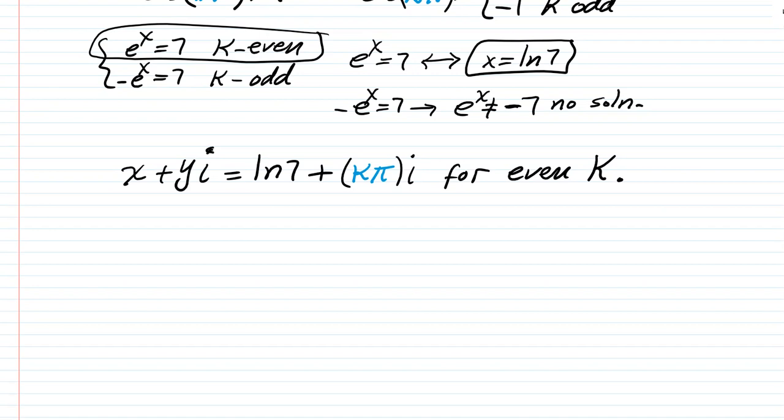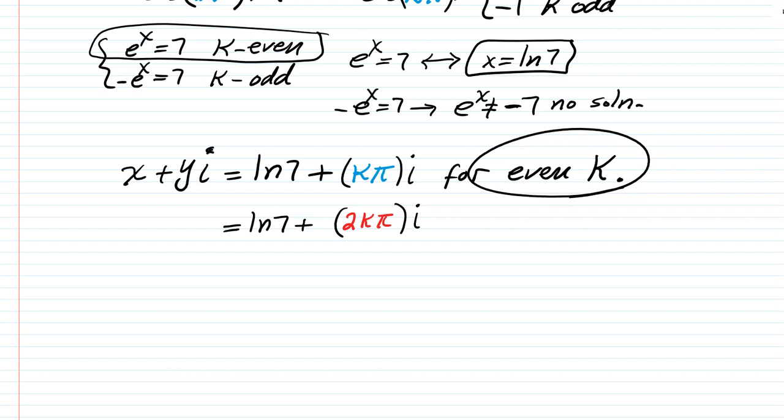Well, we can rewrite this. We can rewrite this k pi i as, check this out, I can write this as 2k pi. Instead of calling k even and going k pi, why don't I go 2k pi and let k be an integer again? Isn't that cool? You get the exact same outcome.